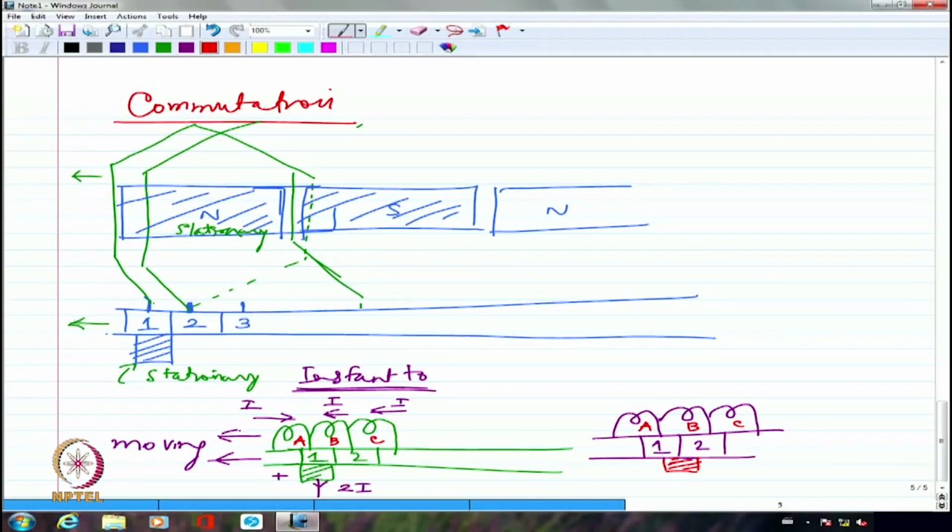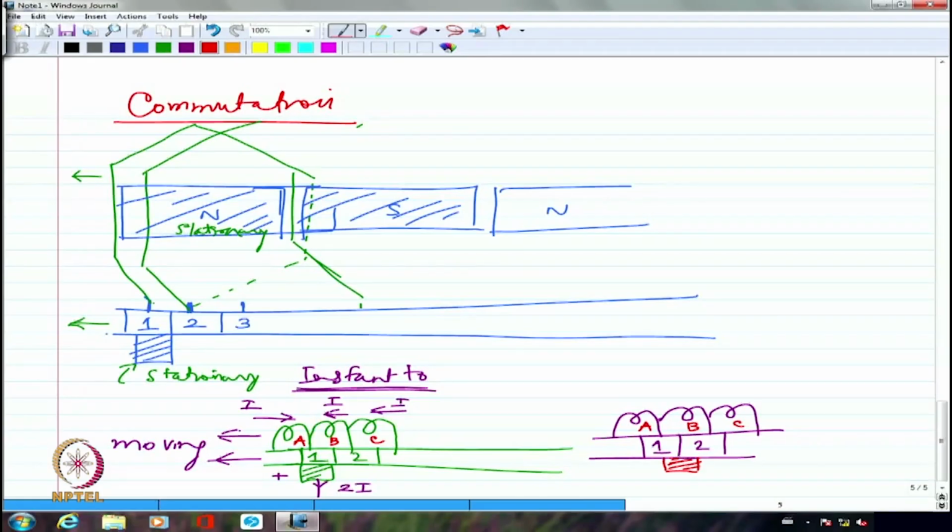Now what is going to happen is coil B is under confusion, kind of, because coil B is short circuited and part of it is going to be showing affiliation to coil A and part of it is going to show affiliation to coil B.